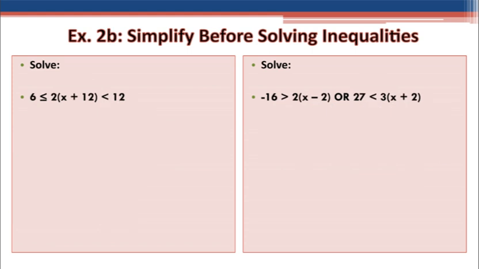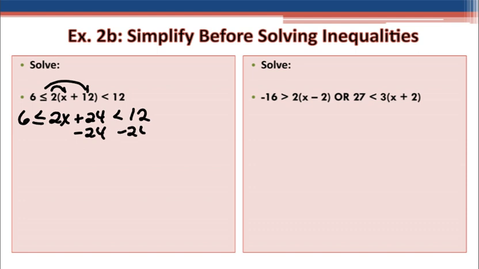Moving on to the next example, you distribute the 2 here. So you have 6 is less than or equal to 2x plus 24, which is less than 12. To get 2x by itself, I need to subtract 24 on the inside and on the outsides.